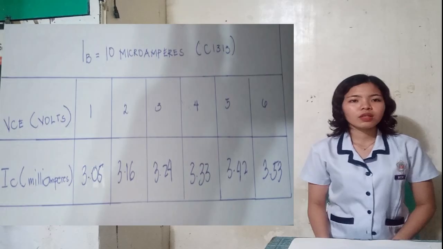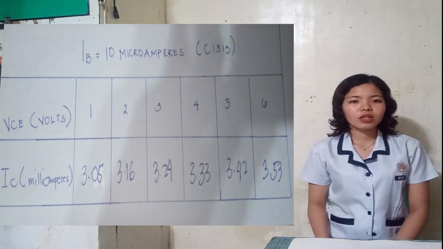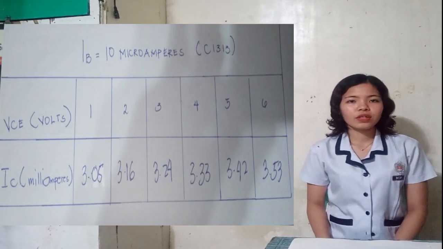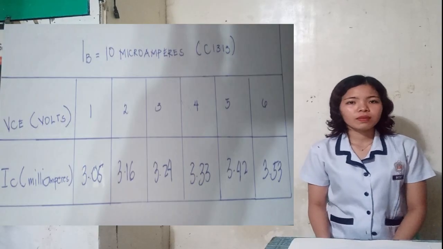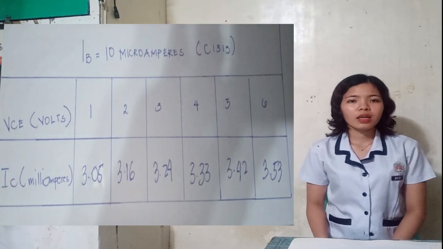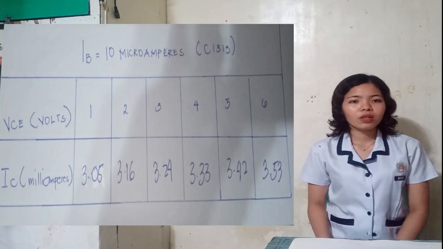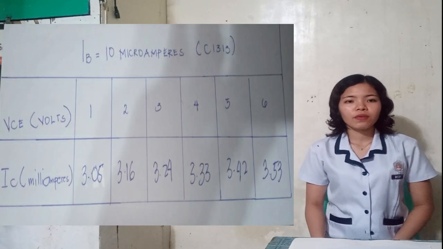As in the previous transistor test, the rise in collector current is very small compared to the change in collector emitter voltage, indicating that the C1313 transistor is also operating in its active region. Within this active region, collector current is primarily dependent upon the base current and only slightly on collector emitter voltage.